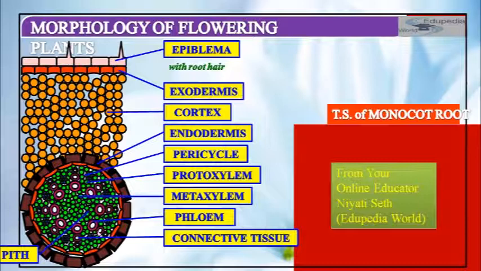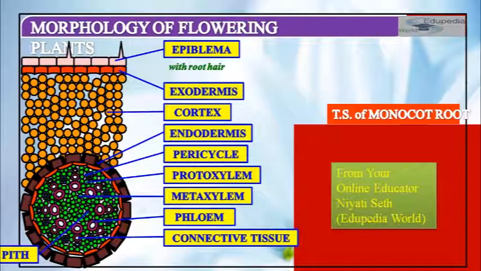And hence the condition is described as polyarch, and xylem is described as exarch. Then comes your connective tissue. These green tissues are your connective tissue, represented by loosely arranged parenchyma cells found in between the vascular bundles, and they are specialized for storage of water, students.